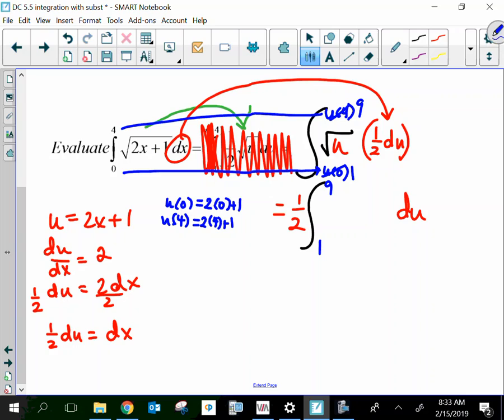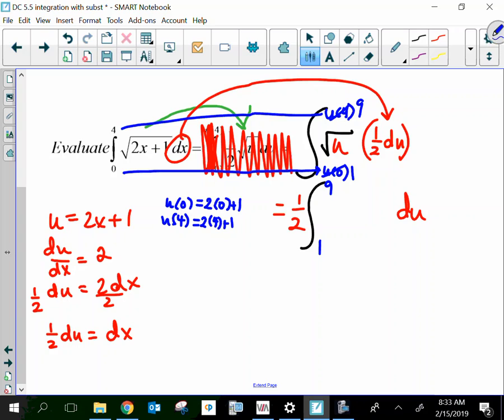Now, do not put 4 and 1 over here, because if you do, that's wrong. Put u of 0, and then you'll remember, oh wait, I've got to plug that 0 in, and put u of 4, or switch it right away, but don't put 0 and 4, because you'll forget it. Oh gosh, you have to fix that, and then you're screwed, because you're not going to get it right.